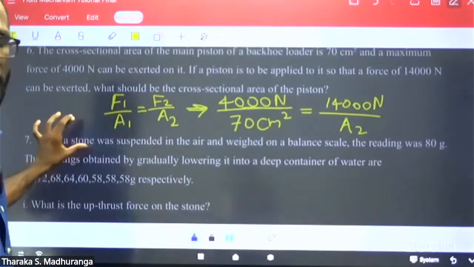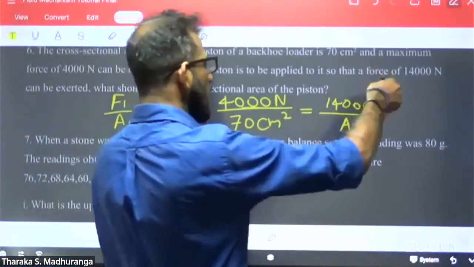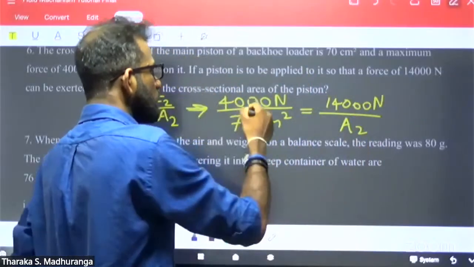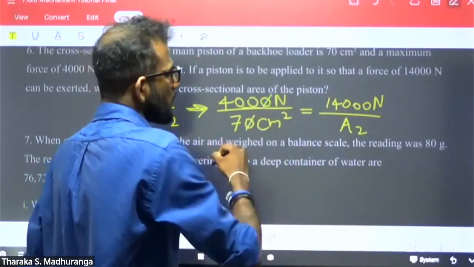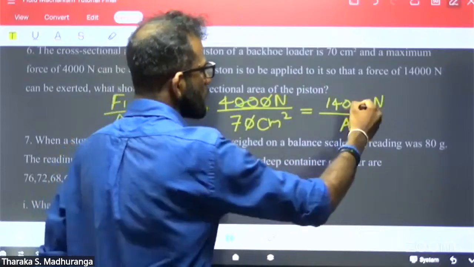A2 is asked, and the answer comes in square centimeter. Now 0 to 0 cancel out, and this 20 to 0 cancel out.